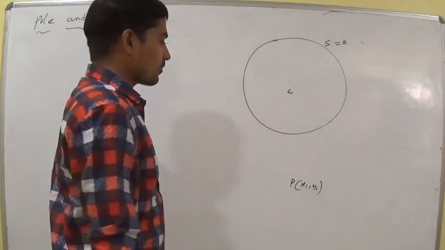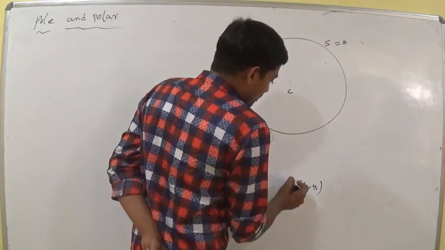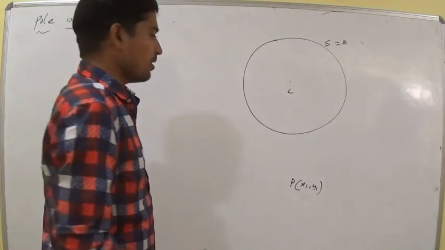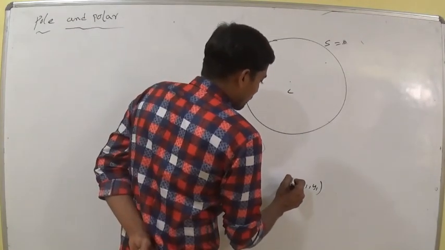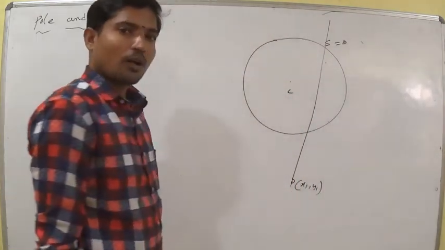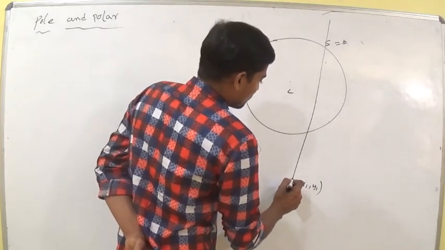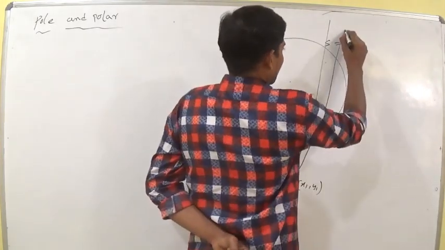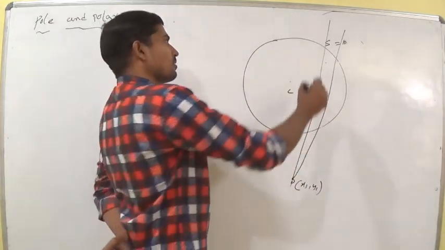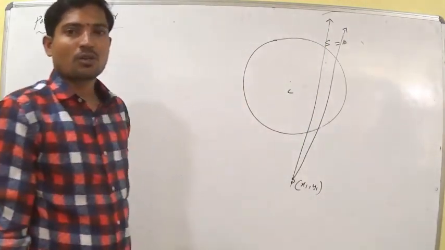Secants are lines drawn from a point P to the circle. Suppose I draw like this, and then one more line I draw like this, which become secants to a circle.